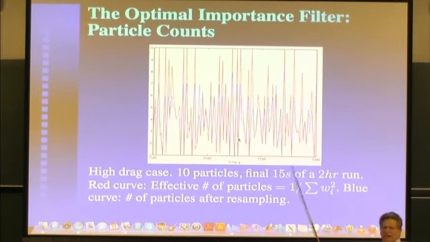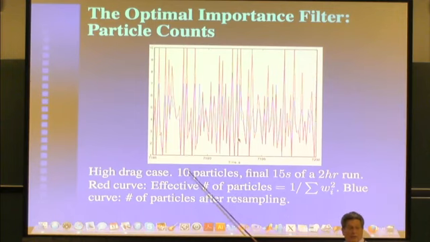This is 15 seconds of a 2-hour run, and that's about 100 time steps. It's a little over 100 time steps, and you can see that every now and again the whole thing does in fact collapse down to a single particle.